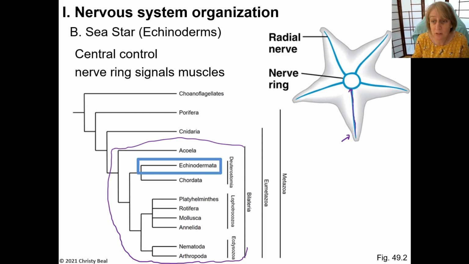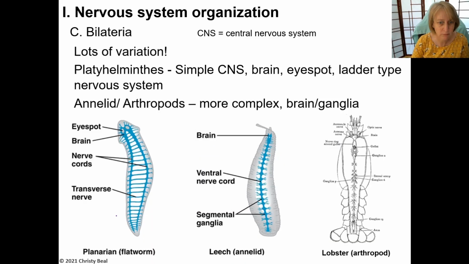And then the starfish could withdraw just this arm from a dangerous stimulus, or reach out towards a stimulus that it wanted more of, rather than withdrawing its entire body. These nerves running down the arms send signals to a central processing area. It just happens to be a ring in the center of this organism. So superficially, it looks a lot like a Cnidarian, but it is very different because its ancestry is bilateral.